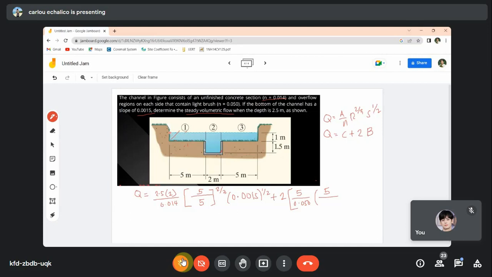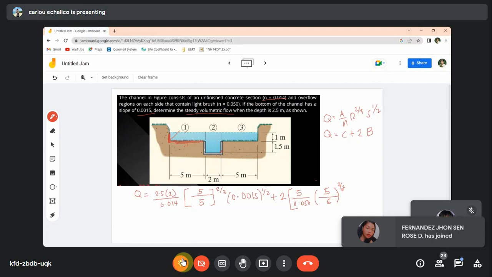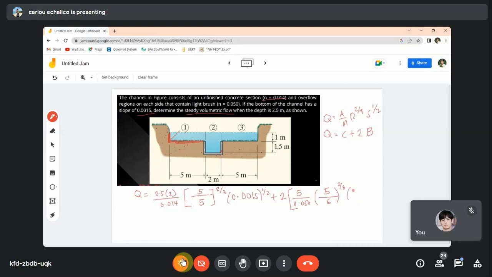The wetted perimeter for the side is 1 plus 5, so that is 6. Raised to 2/3. The S is the same, 0.0015, raised to 1/2.